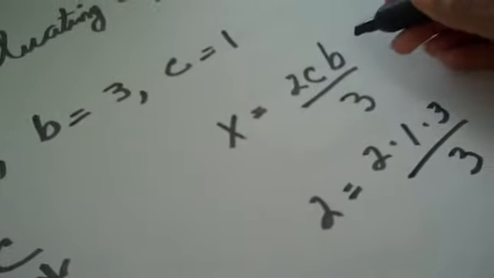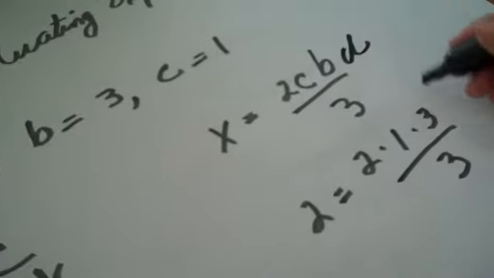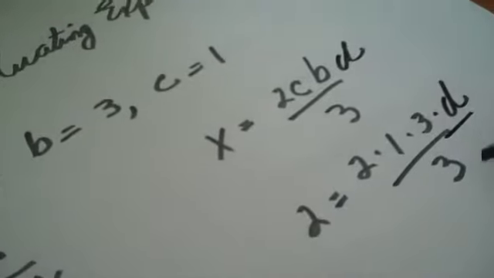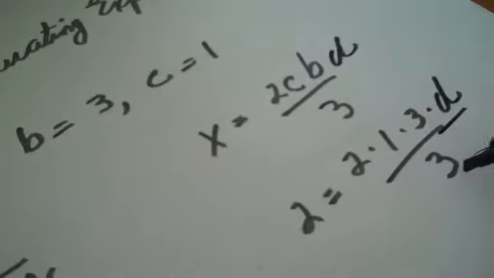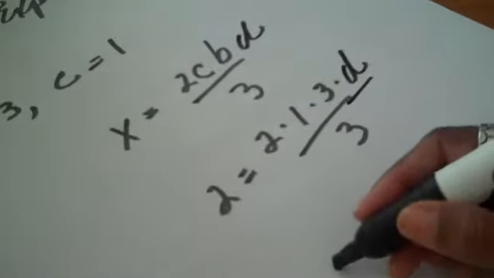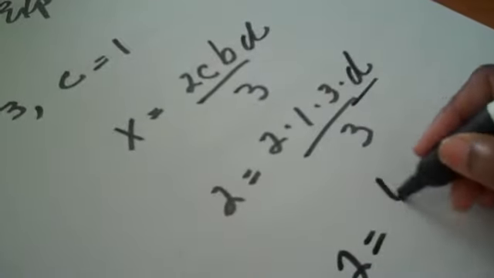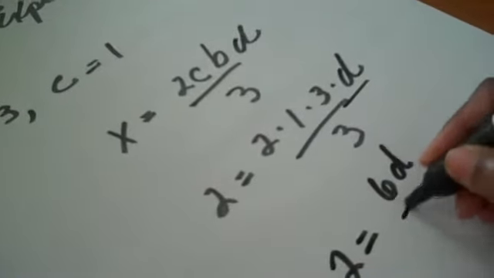And just for the sake of discussion, let's add a d up here. And we don't know the value of d. Okay. Now, let's simplify this, and we'll have 2 equals 2 times 1 times 3, which will be 6d over 3.